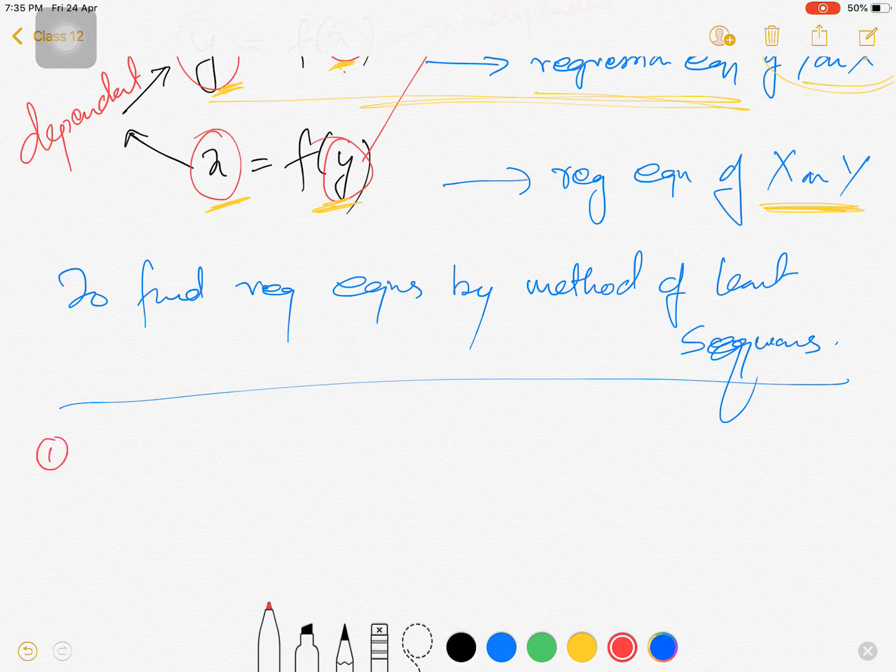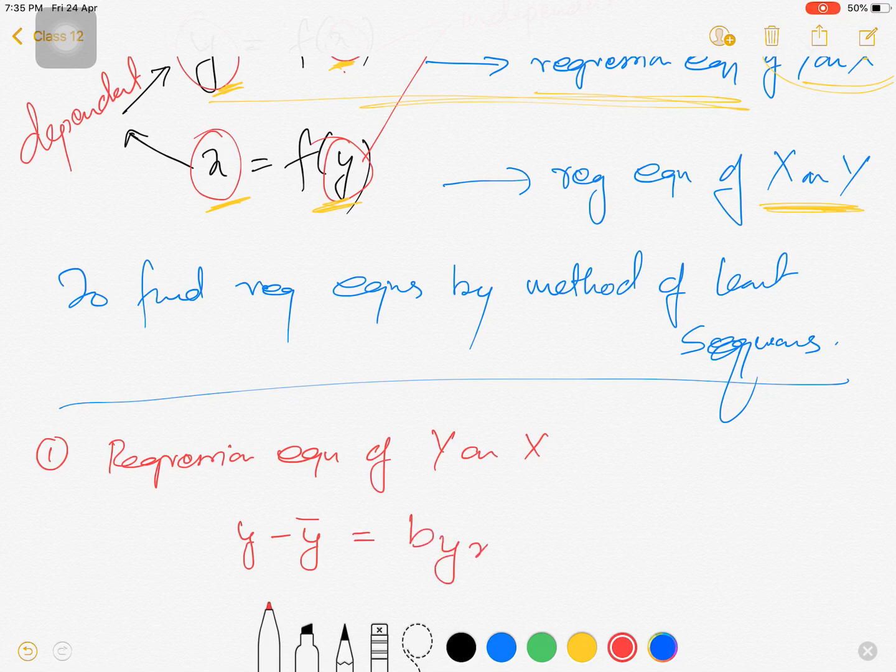Number one is the regression equation of y on x. How to write the regression equation of y on x? This is the format: y minus y bar equals byx times x minus x bar. Let's name this equation 1.